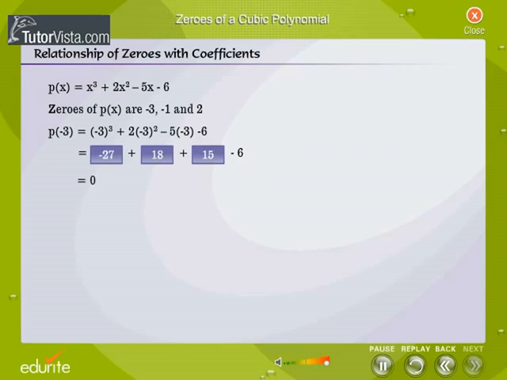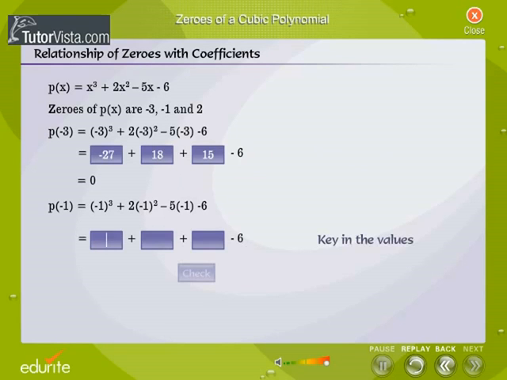P of minus 3 is equal to 0. We find p of minus 1. Key in the values. P of minus 1 is equal to 0.